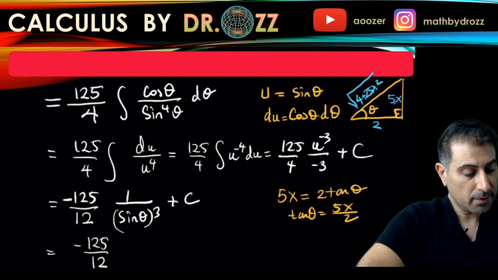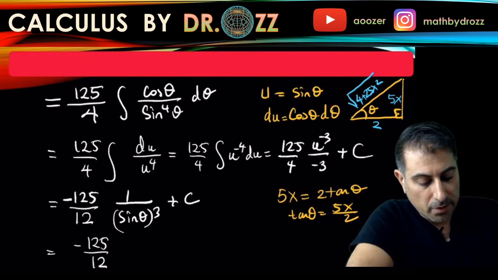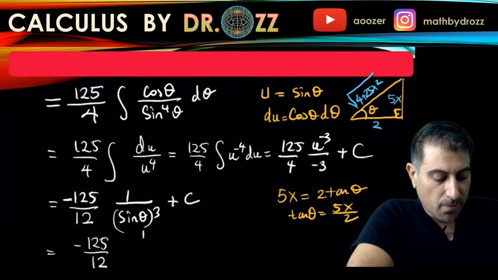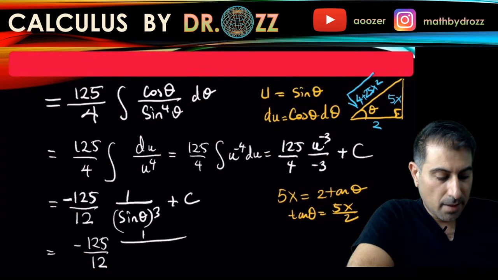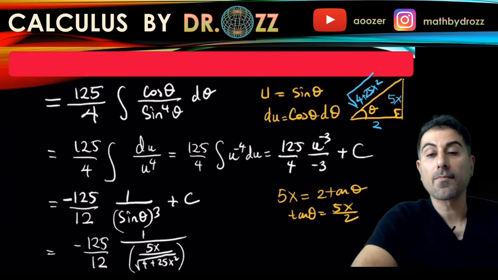So 1 over 5x divided by the radical of 4 plus 25x squared, quantity cubed, plus c.